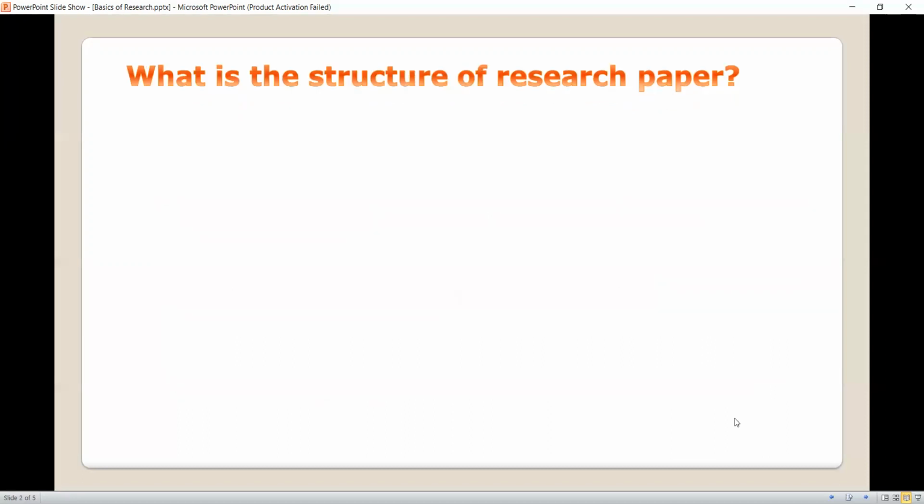Then come to the second question of my presentation. What is the structure of a research paper? When we see the structure of a research paper, it goes from general to specific and then from specific to general again. This is the format which the research paper has.